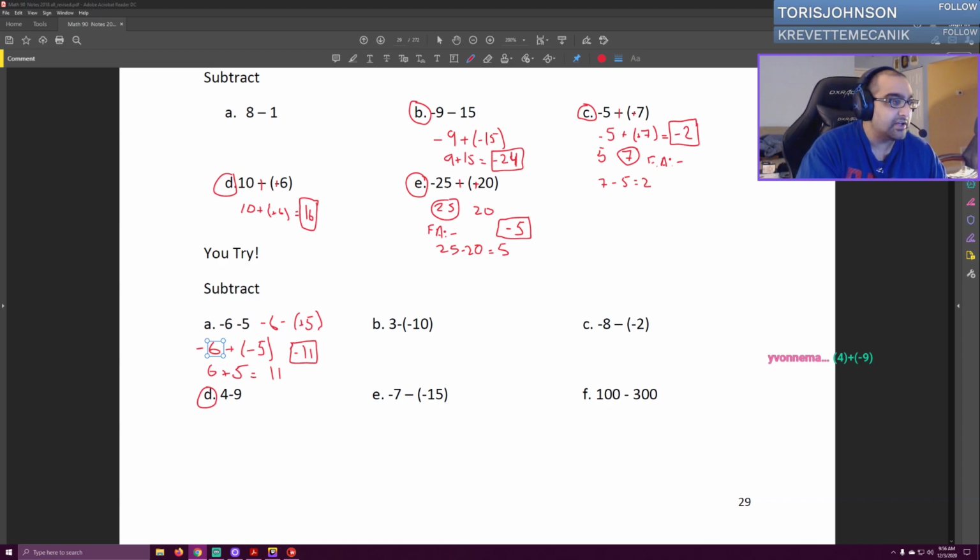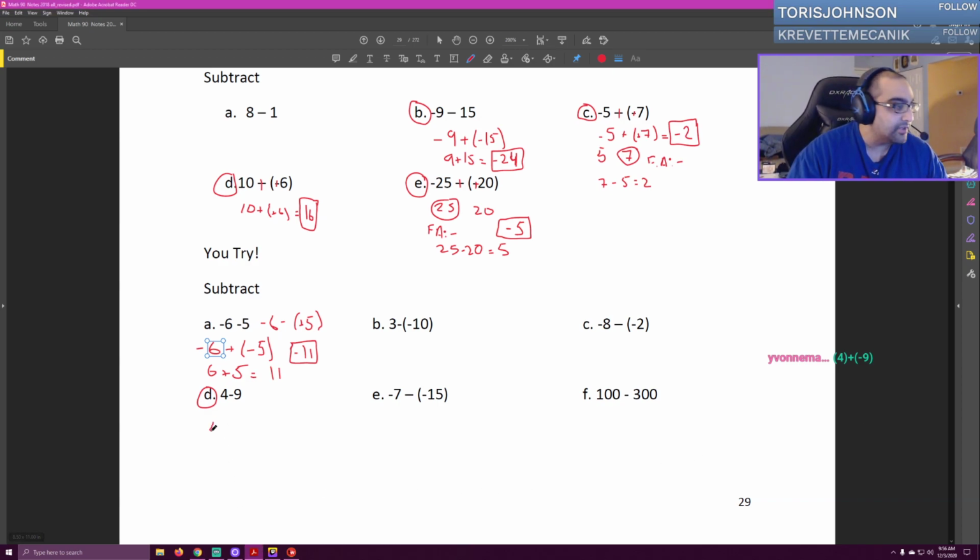Four plus negative 9? Okay, very good. That is correct. 4 plus negative 9 is correct. Okay, so can you tell me here, what is 4 plus negative 9? Negative 5, that's correct. Good.